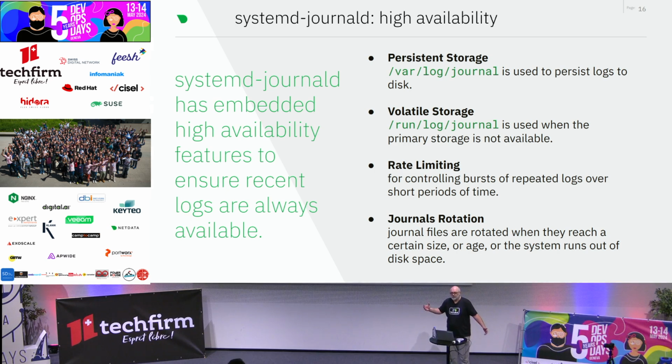A disk is full. A disk is detached from the system. It's lost. It's a network drive and cannot be accessed anymore. Logs are not lost. Logs go to tmpfs. And, of course, since it's configured to use as much available storage as possible, it automatically rotates logs and does all the magic required for the logs not to be a problem for the operation.